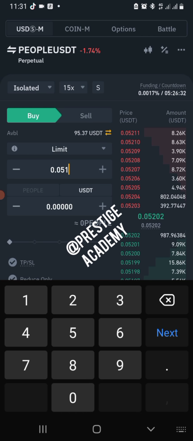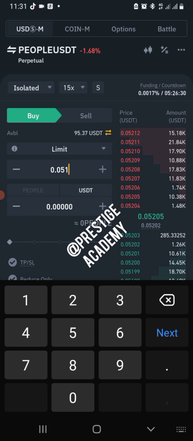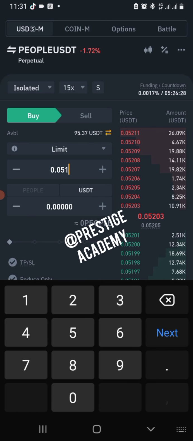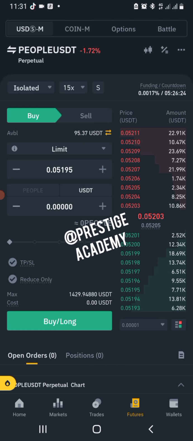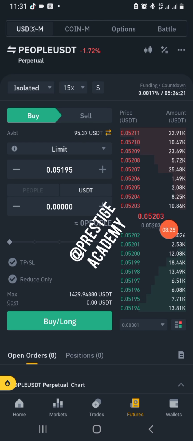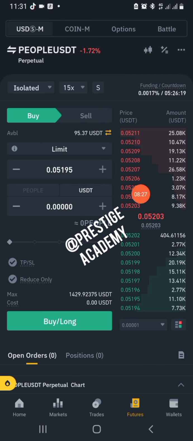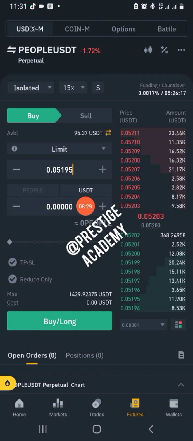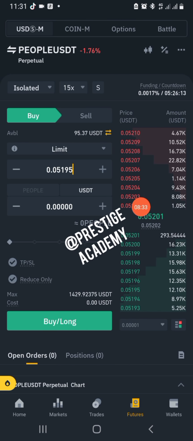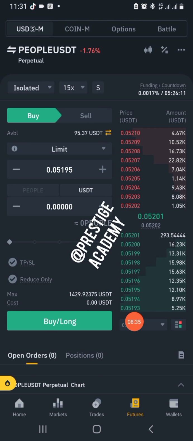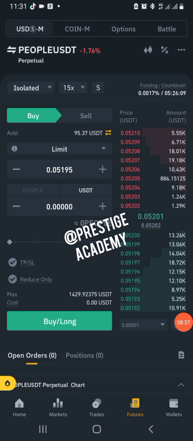Let's use 0.05195. We have set our limit. Once this coin's USDT pair drops to 0.05195, let that trade trigger. Now it's currently at 0.05201.